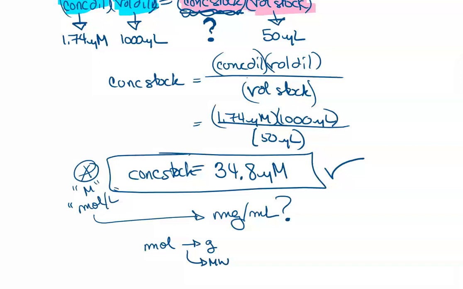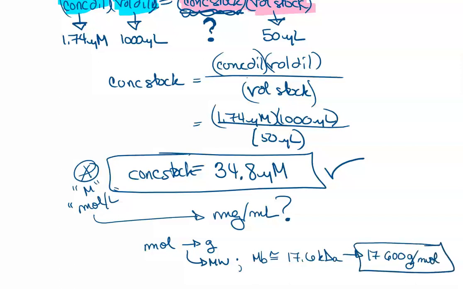For equine myoglobin, we're going to use the information provided by Sigma Chemical, which is that myoglobin from equine has a molecular weight of 17.6 kilodaltons, which we can take to be 17,600 grams per mole. That is our molecular weight, or formula weight, for this protein, and we're going to use it to convert between moles and grams.